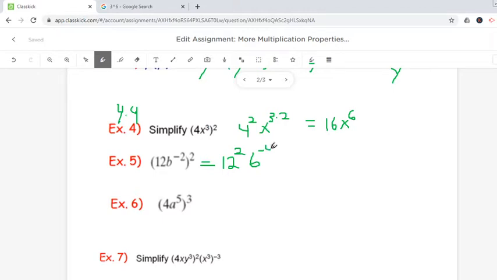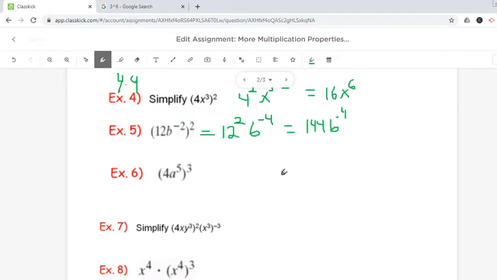So b to the negative 4th. And then 12 squared, that is 144. So 144 b to the negative 4th.